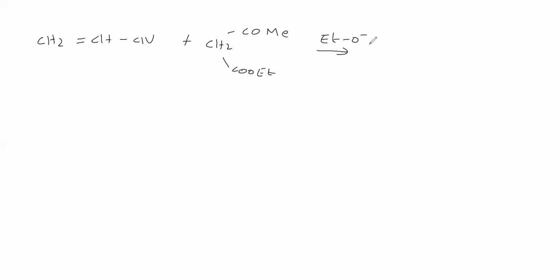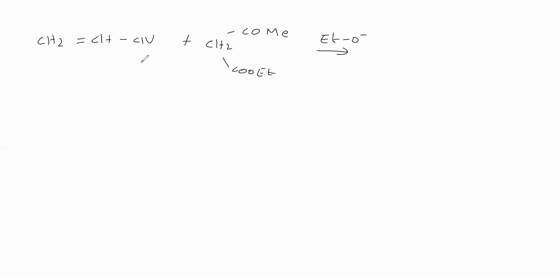So what will happen is this base will make the carbanion by abstracting a proton. This carbanion will attack this carbon but not this carbon. Because of the electron withdrawing group, this pi bond shifts to this side. Therefore, more positive charge will be here, so the carbanion will attack this carbon. A bond is produced between this carbon and this carbon. Then this carbon will get hydrogen from the solvent. That is the product.